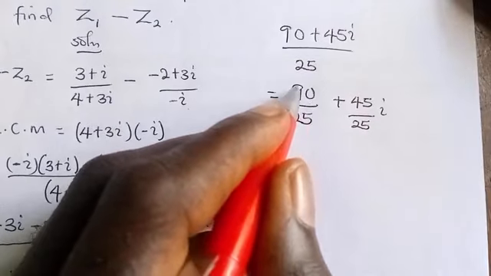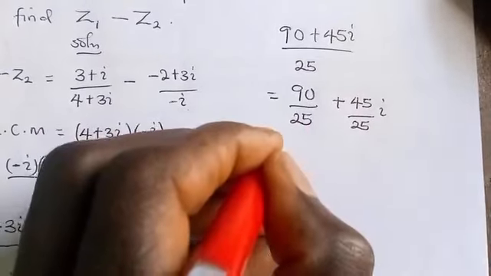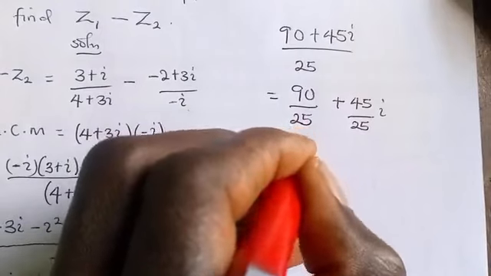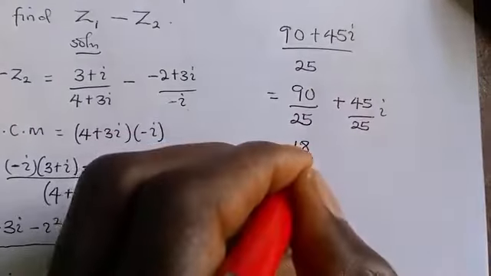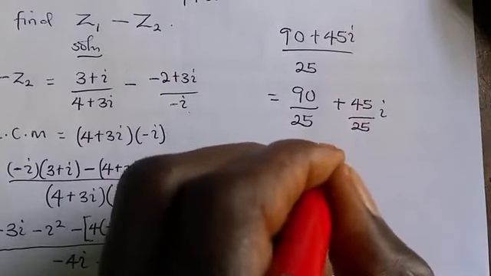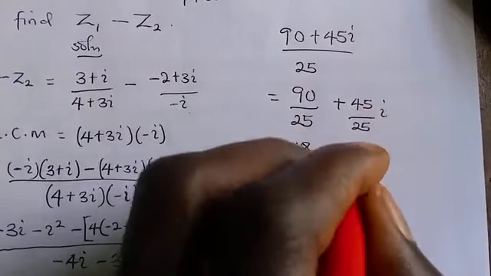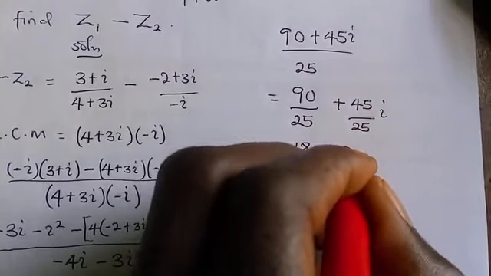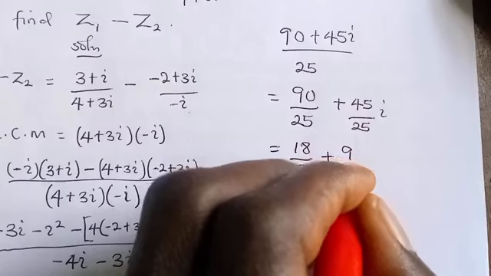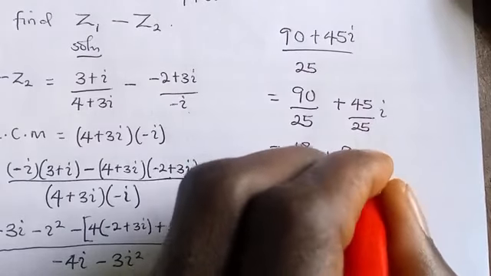5 can enter 90. You have it 18 times. 5 can enter 25 5 times. 5 can enter 45. You have it 9 times. 5 can enter 25. You have it 5 times.